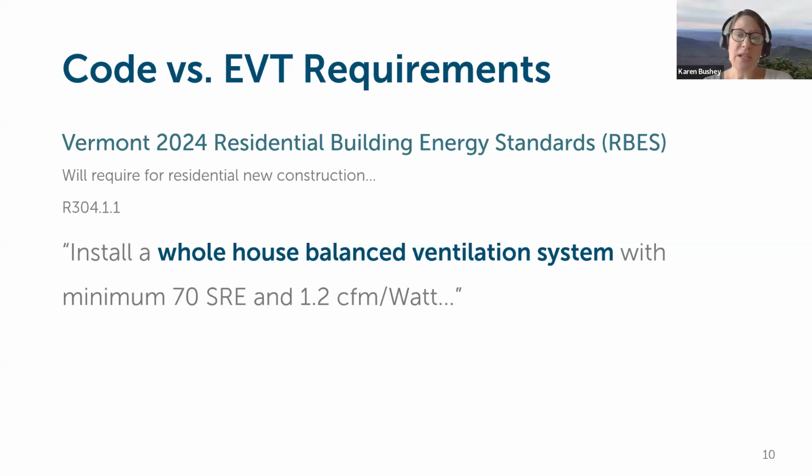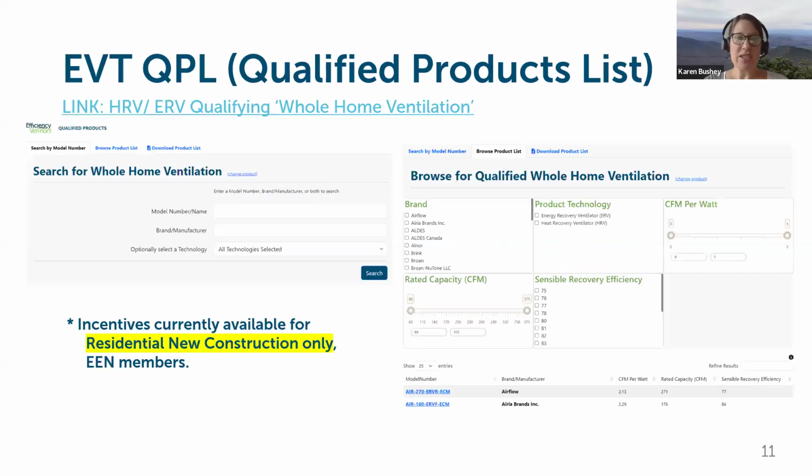The code efficiency requirements are a minimum of 70 sensible recovery effectiveness. That's the thermal efficiency of the unit, basically how effectively it's transferring the heat from one airstream to the other. And 1.2 CFM per watt, which is the motor efficiency, really how efficiently those motors are moving the air. That's a very simplified version.